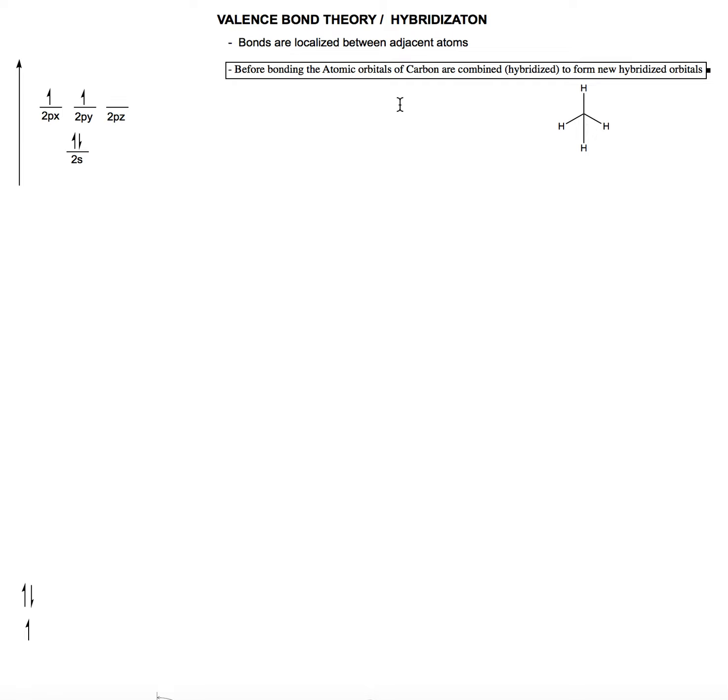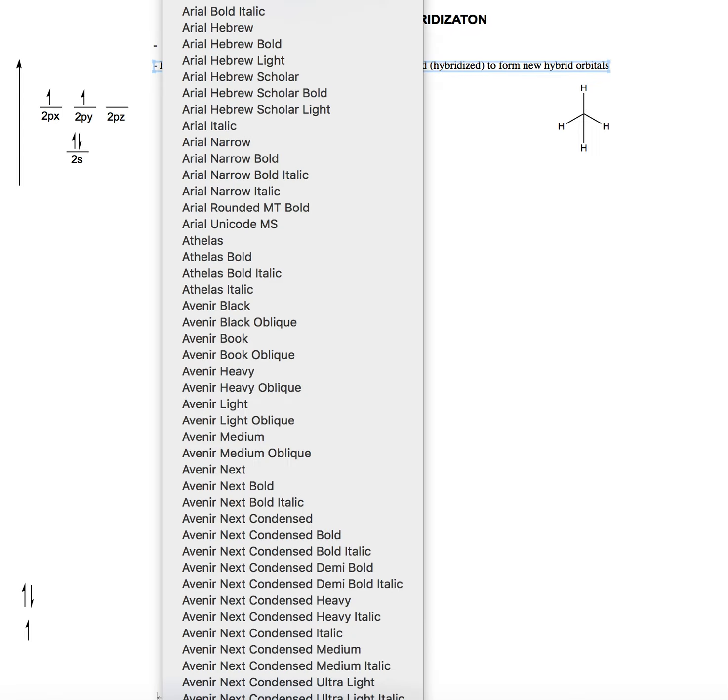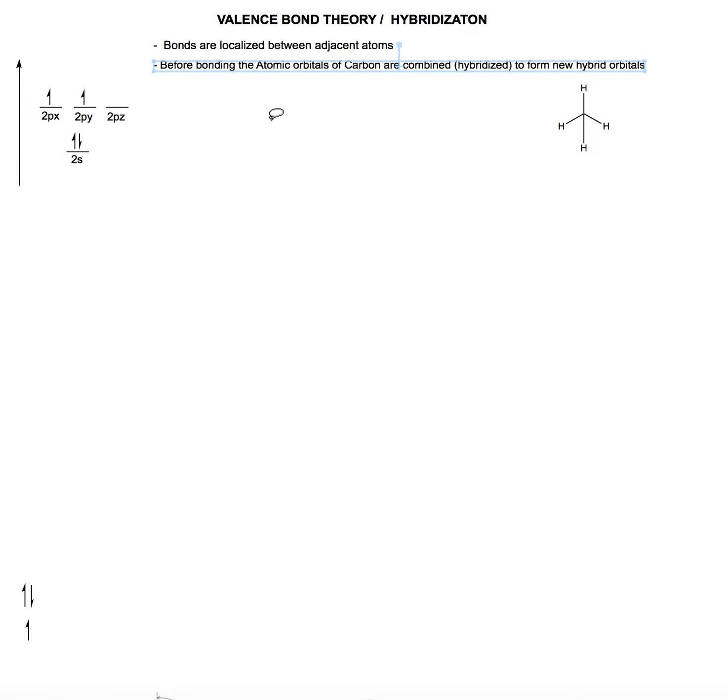And these hybrid orbitals are the orbitals that are actually used for bonding according to valence bond theory. So according to valence bond theory, guys, carbon atoms, or the atoms in general, are not using their pure atomic orbitals for bonding. They instead are using hybrid orbitals for this bonding.